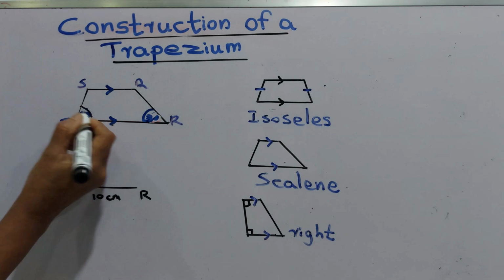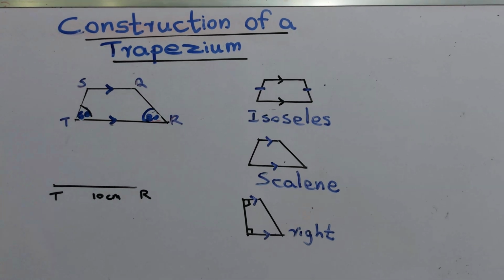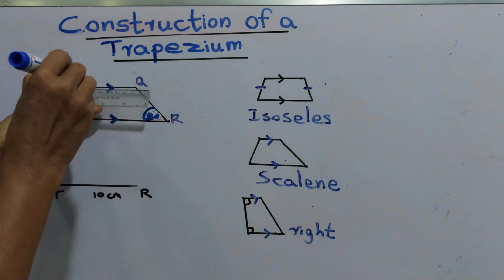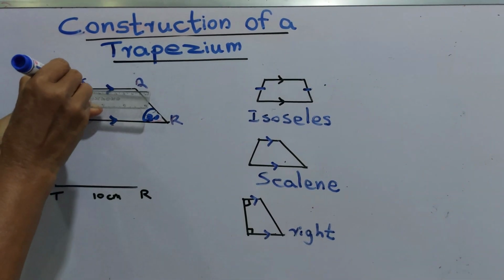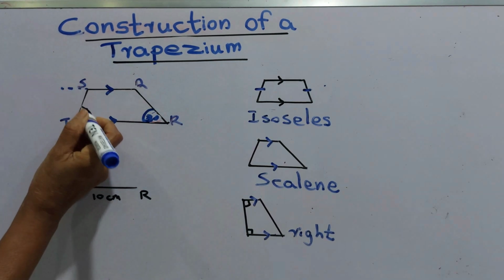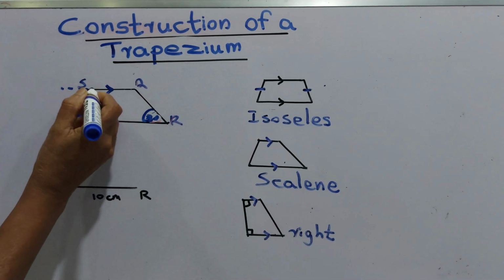This angle is 60. In an earlier lesson we did this, we can draw imaginary lines here. Can you remember? If we extend this skew, this angle equals this angle, that is 60 degrees. If this is a straight angle, then we can find the angle here.